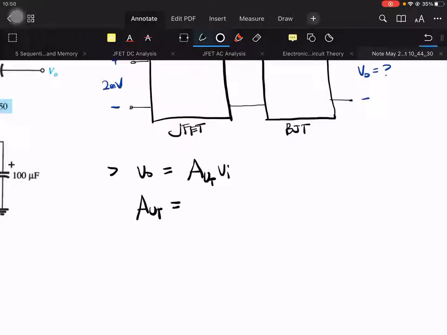Also remember that if we have multiple amplifiers cascaded with each other, the total voltage gain is just the product of the individual gains. AV1 in this case times AV2. But the question is, what is AV1 and AV2?